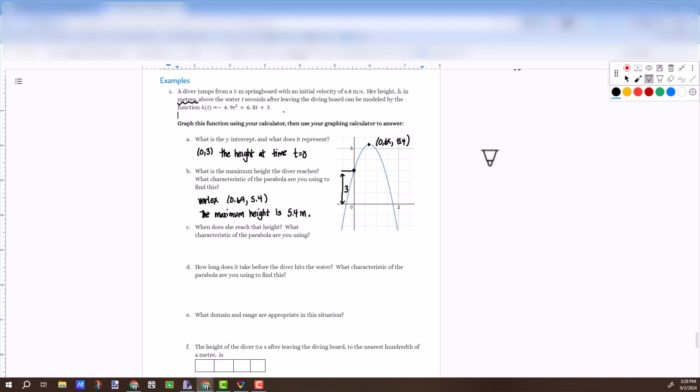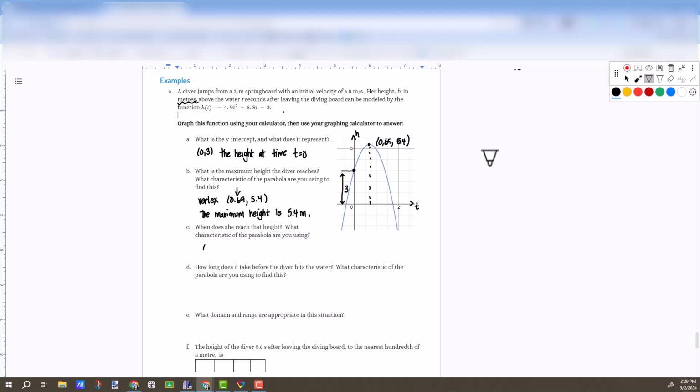So the next question, C, says, when does she reach that height? Well, let's remember that the time is the x and the height is the y. So in other words, the x coordinate at this point is the time she reaches it. And according to our information, that would be the x coordinate of the vertex.